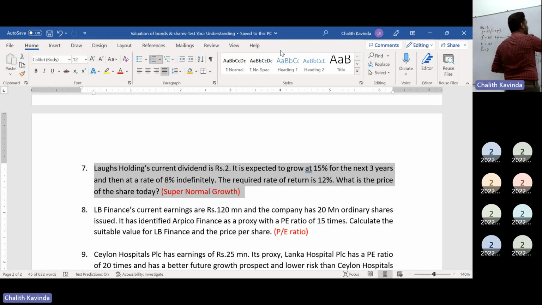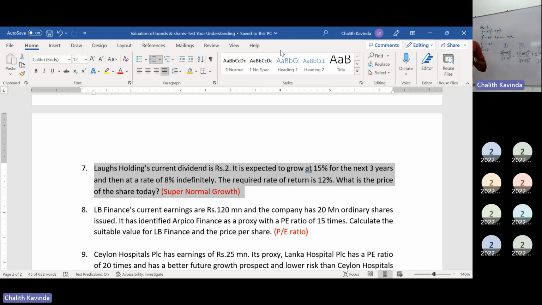Then we have to calculate something called the price of the share at the beginning of the perpetual growth period.